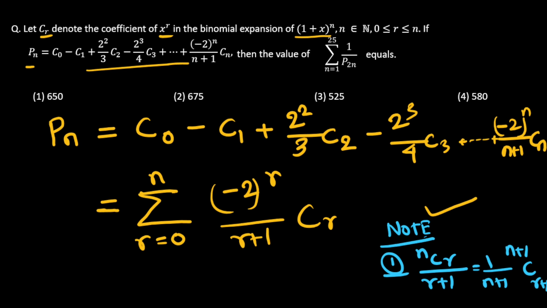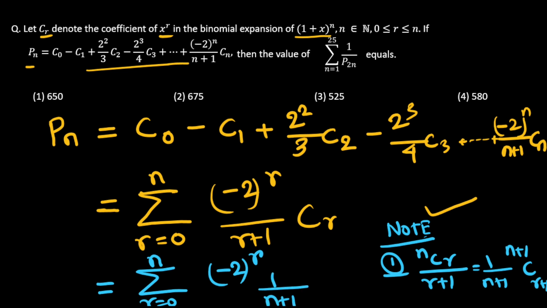Therefore, write this summation and use this identity. This summation converts to r is equal to 0 to n of minus 2 to the power r times 1 over r plus 1 Cr, that means 1 over n plus 1 times n plus 1 C r plus 1.